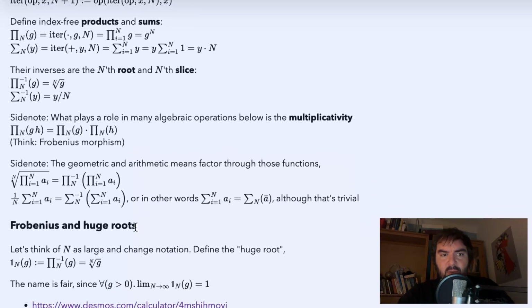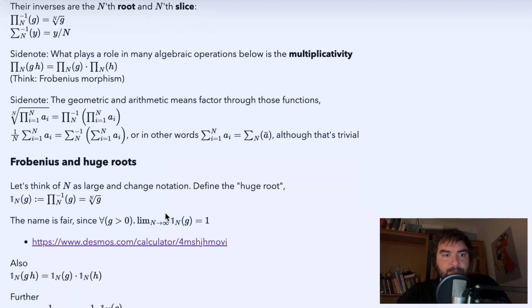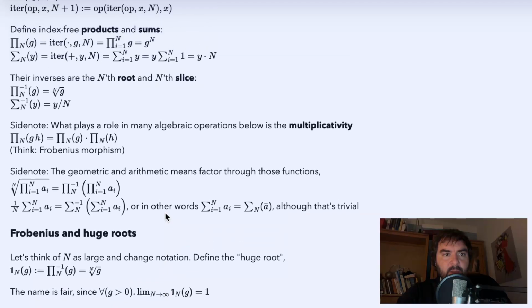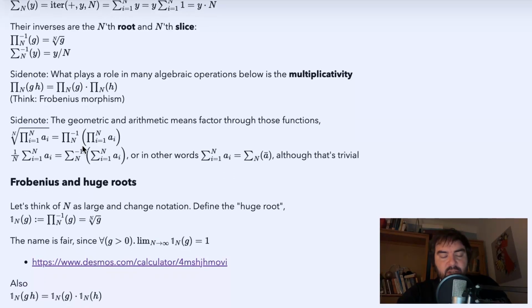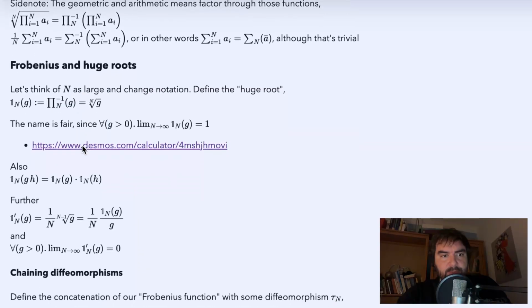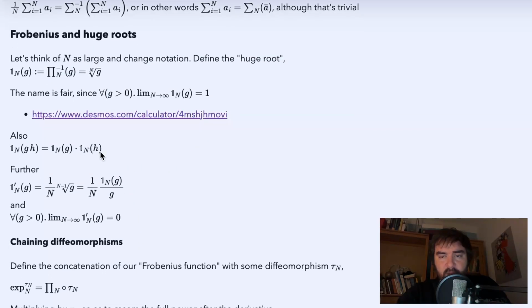Okay, and here just a remark about the relation to the mean and the geometric mean. Yeah, so again, maybe burn this into your head, because this will be quite important when we set up the generalized logarithm objects.